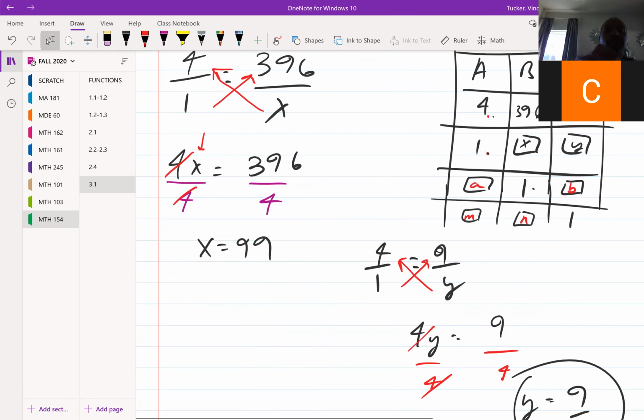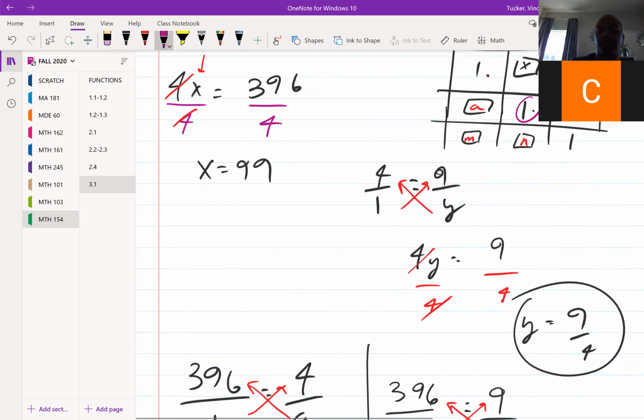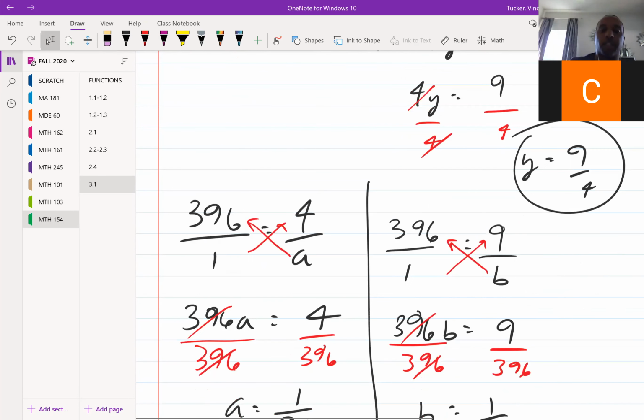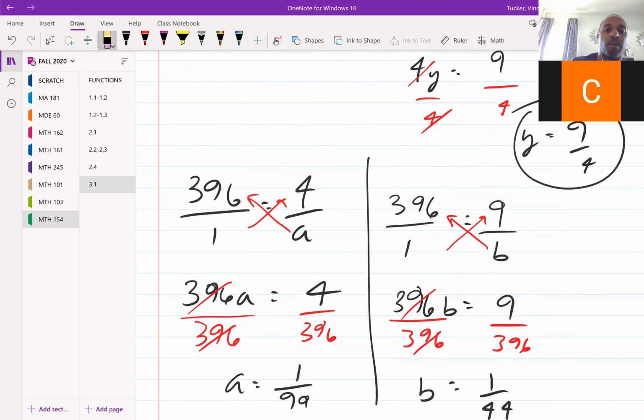All right. So now if we want to go to that third row, we'll use the same thought process, but this time we will use the 396 and 1. So we're using column B. And so I called that first spot A, second spot B, and we would follow the same process, setting it up 396 over 1 equal to 4 over A. Once again, this is coming from column B. This is column A. And we will cross multiply.